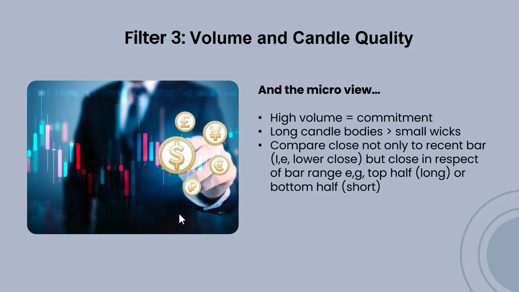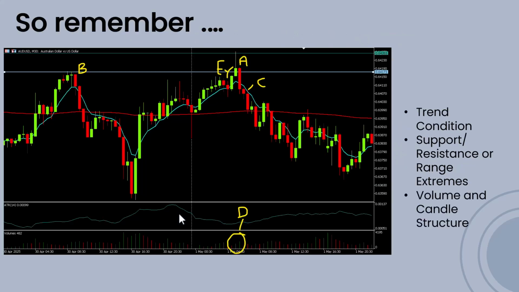All of these are suggestive of increasing control, a change from the bears to the bulls or the bulls to the bears. So remember, we're looking at trend condition, support resistance or range extremes, and volume and candle structure. So if we look at this chart, you can see at point A, there's our engulfing candle, only just above the body of the previous one, but nevertheless looks significant.